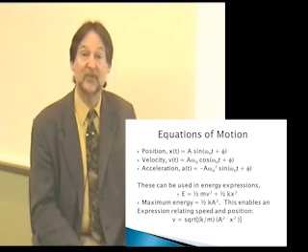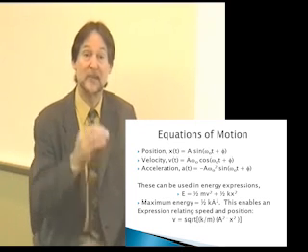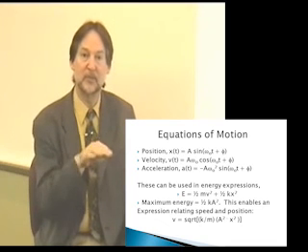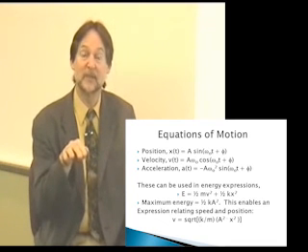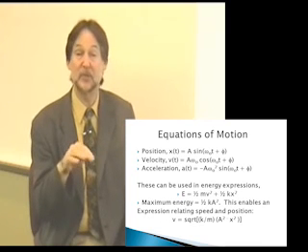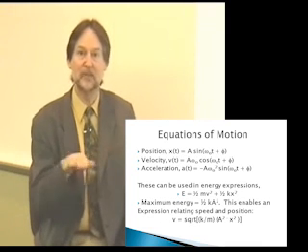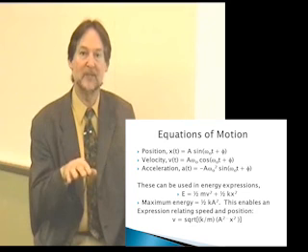The fastest speed occurs when the mass moves through the equilibrium position, the 0 point. At the equilibrium position, the spring is not stretched or compressed, so it stores no potential energy. So we have 0 potential energy at the point where we have the highest velocity and highest kinetic energy.